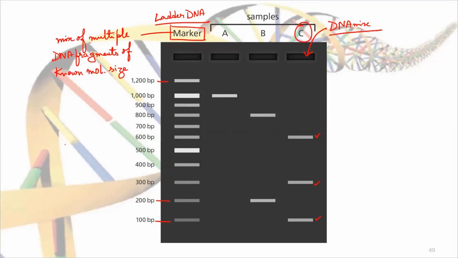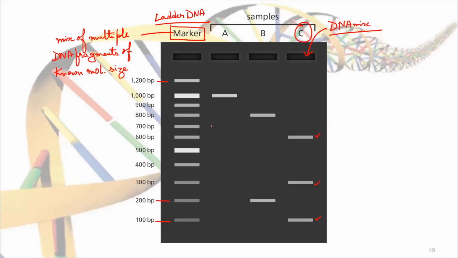When you do these experiments, these markers are ready-made, found in the market to be purchased. When you purchase it, there will already be a diagram or information mentioned in the package, that when you run it in the gel, these many 10 or 12 fragments will be found.